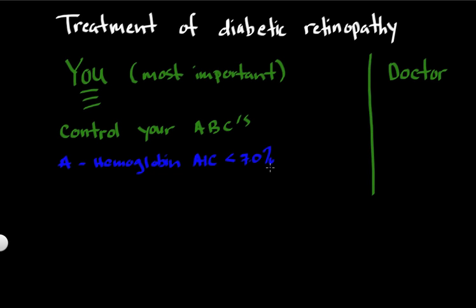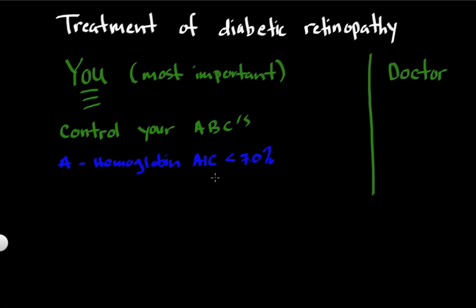I ask a lot of my diabetic patients, sir, ma'am, what is your hemoglobin A1c? And they say, doctor, I don't know what you're talking about. I don't remember. It is very important that you know your hemoglobin A1c and you strive to get that measurement below 7%. Hemoglobin A1c is a blood test that gives an average measurement of your blood sugar over the past 3 months.